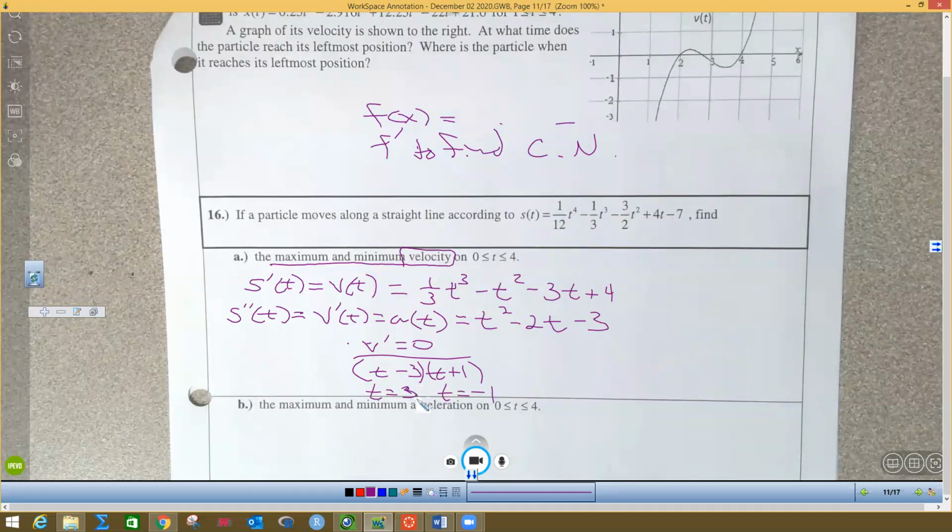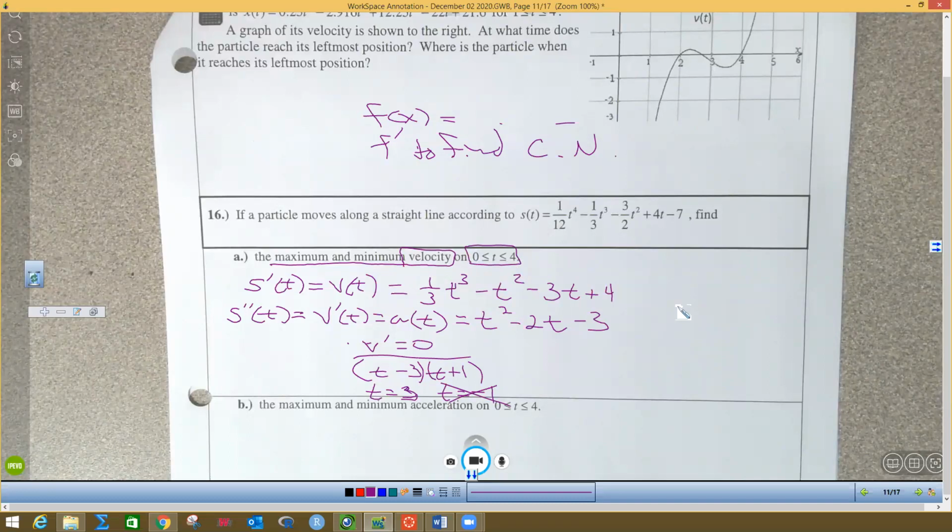Now something I've not mentioned yet, did anybody notice this right here? I hope you notice this right here. That means we do not care about that -1 because it's not in our interval. Now sometimes they'll make this -1 be the min or max, and if you use that and it's not in the interval, you're going to be wrong because we're only worried from 0 to 4.